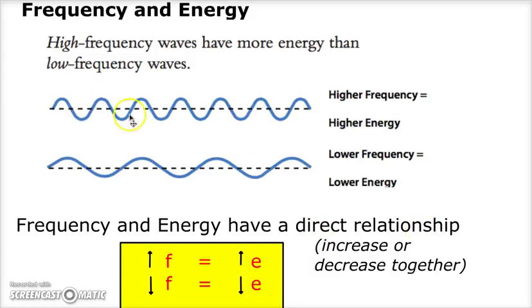The higher the frequency, the higher the energy that's required and is being transferred. The lower the frequency, meaning fewer crests and troughs, means you need less energy to make it happen. So the direct relationship is increased energy, increased frequency. Decreased energy, decreased frequency. These two go hand in hand.